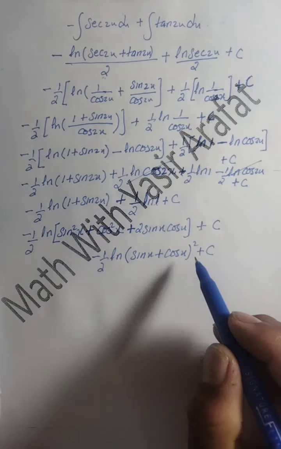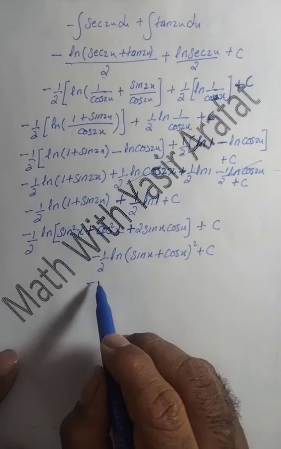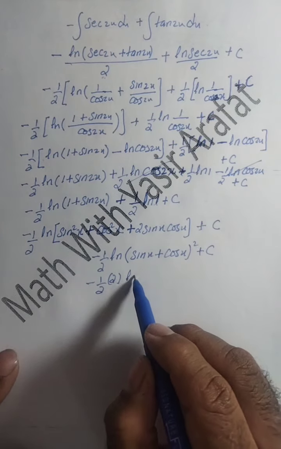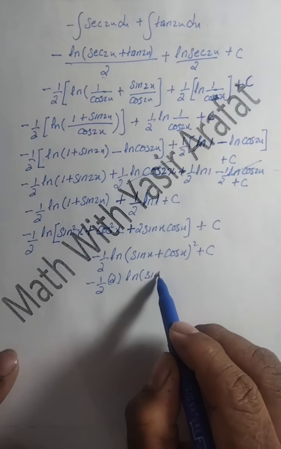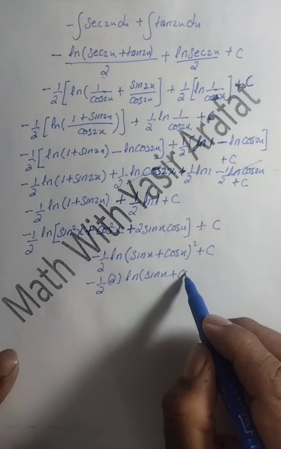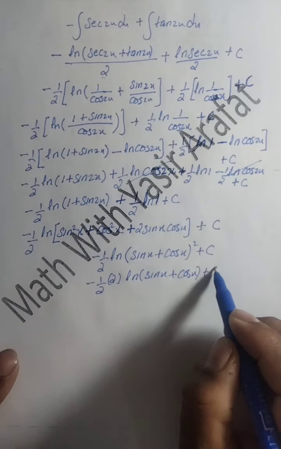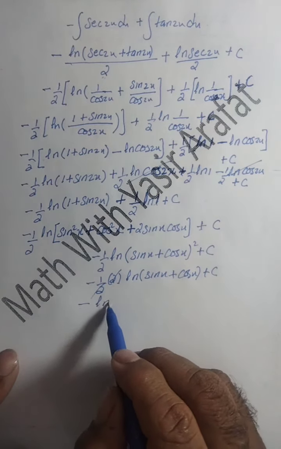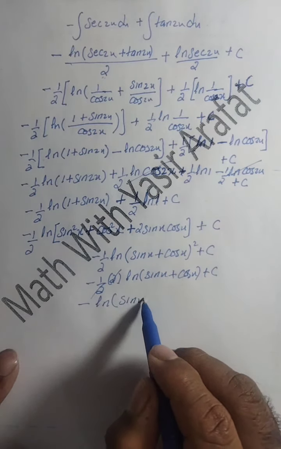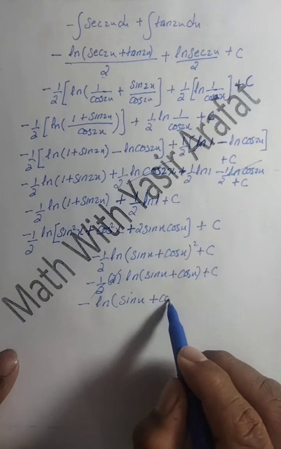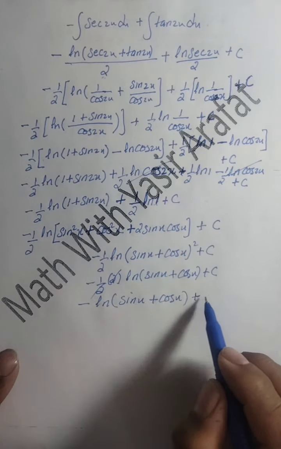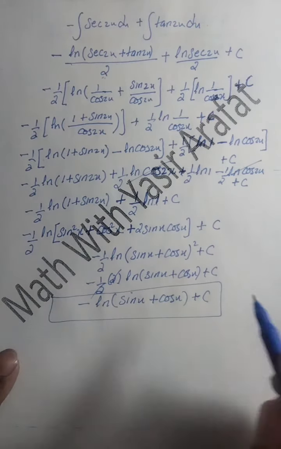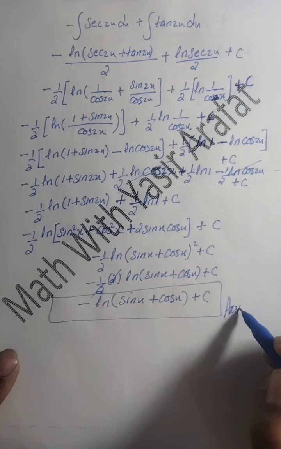So here we have power 2, so it becomes the coefficient of ln, and this is ln sin x plus cos x and plus c. So this 2 will cancel out, and this is minus ln sin x plus cos x plus c. This is the answer of this very, very important integration question.